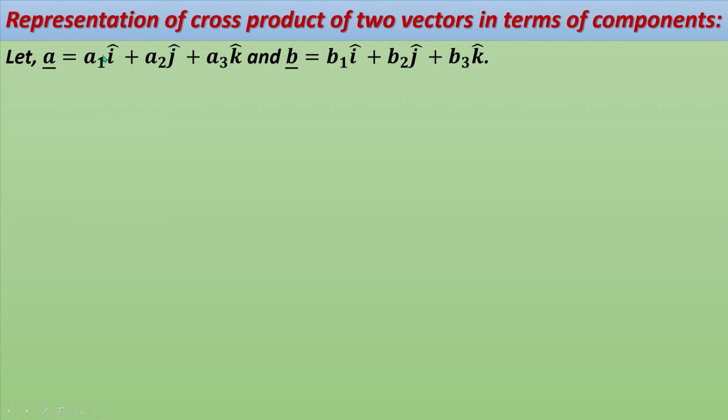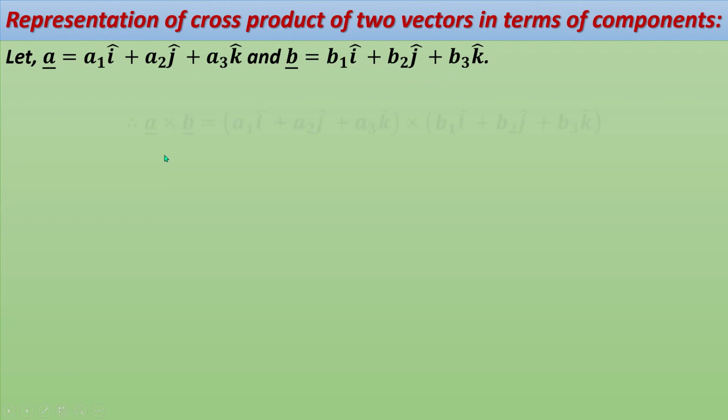Here a1 i vector means projection with direction, this is a component. Here a1 is a projection, but we have already explained this. And i vector is a direction, so a1 i vector is a component. Similarly, a2 j vector is a component, a3 k vector is a component.